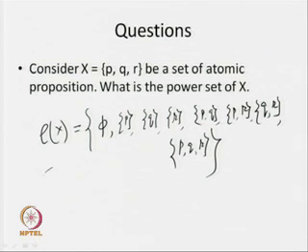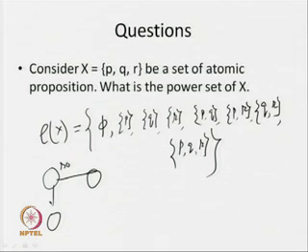Now, when we look at any state, say if I have a state transition, say S0 to S1, S1 to S2 like that, and this particular S1 is labeled with say p and q, what does it mean? It means that atomic propositions p and q are true in this particular state S1, but r is not true.